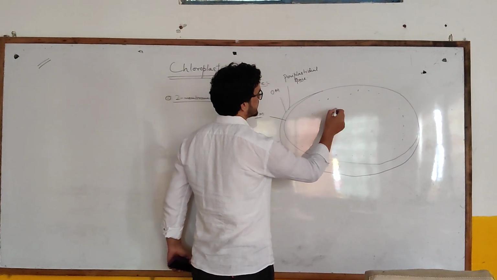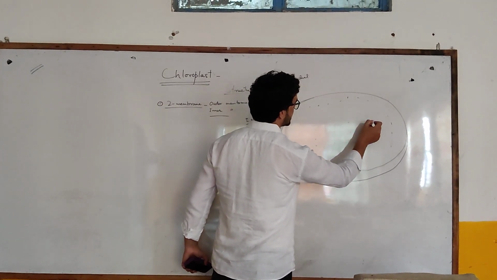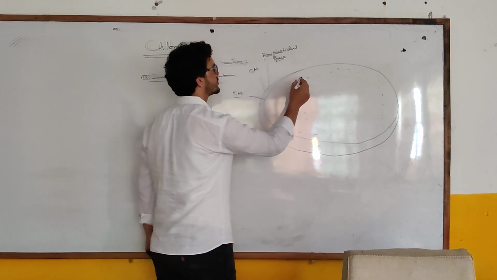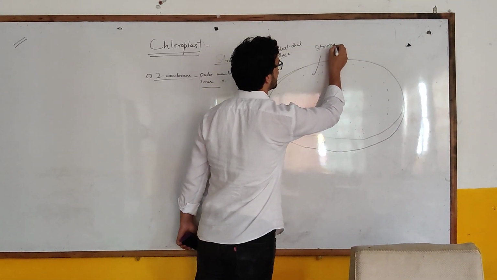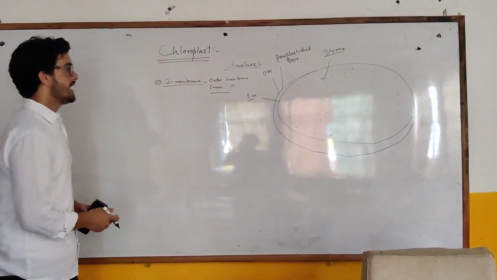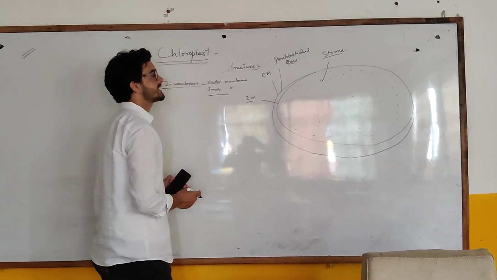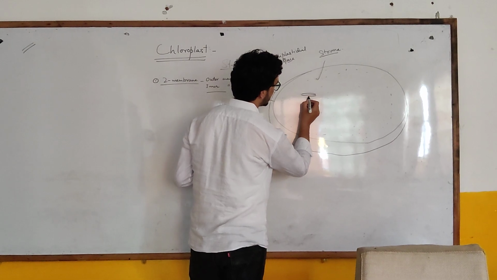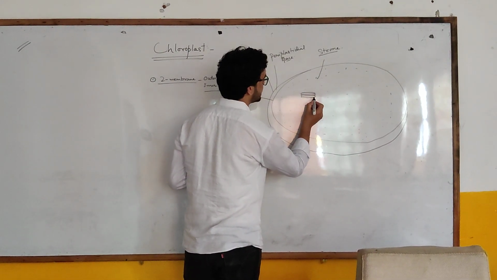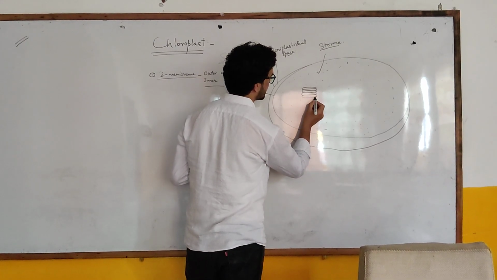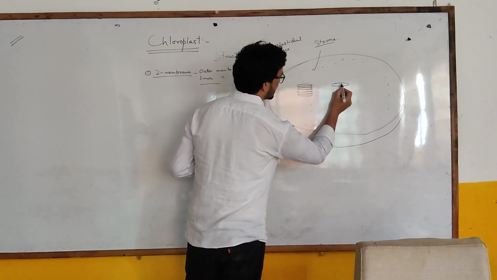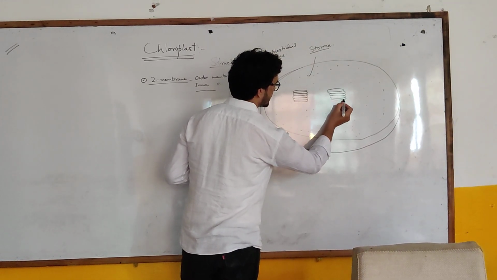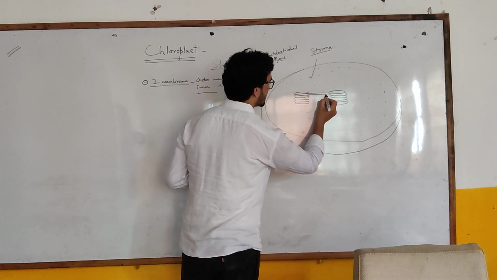It is a fluid-like structure which is known as stroma. And inside this stroma are present various granular structures which are known as grana.